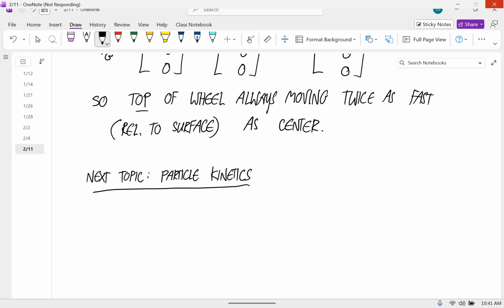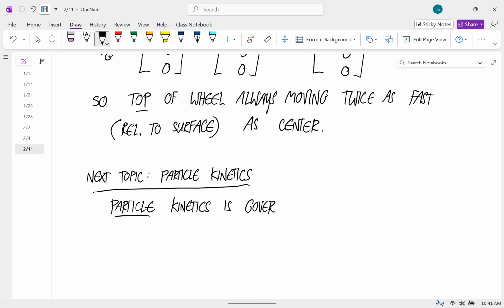And particle kinetics is governed by one vector equation of motion.